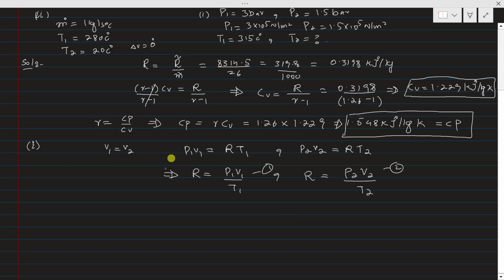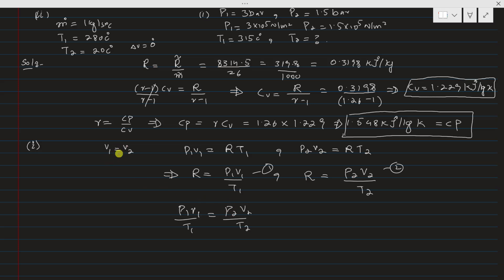So I can say that P1 V1 divided by T1 is equal to P2 V2 divided by T2. Since V1 is equal to V2, they cancel out.